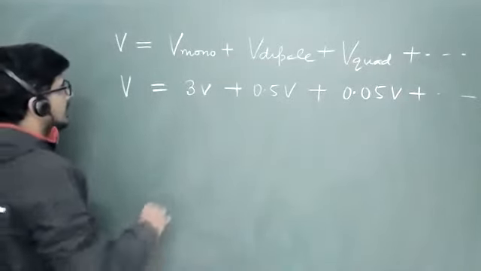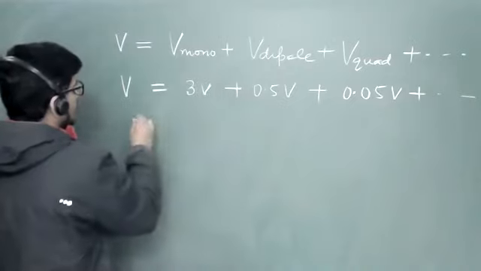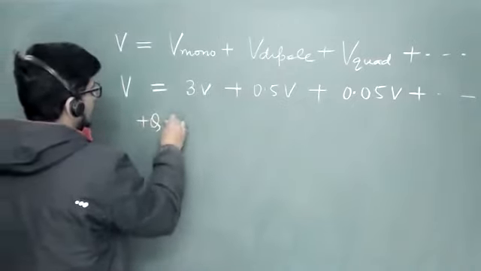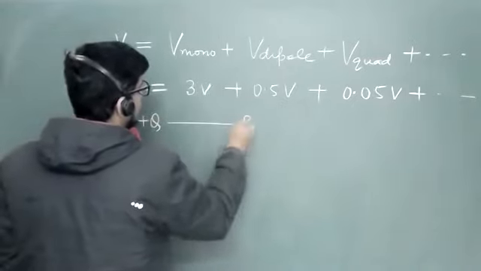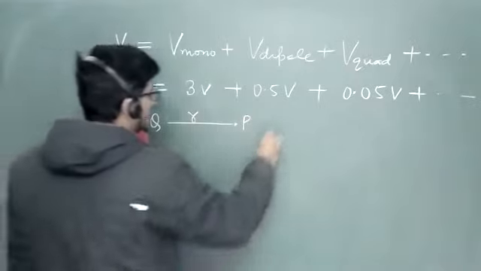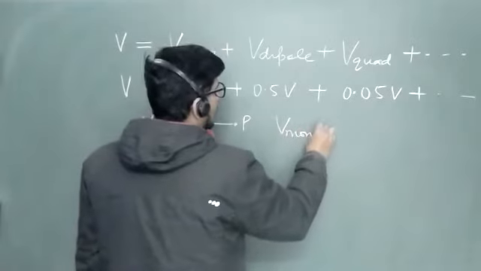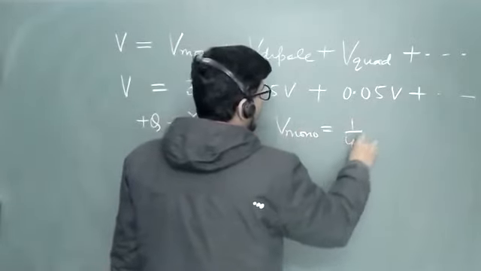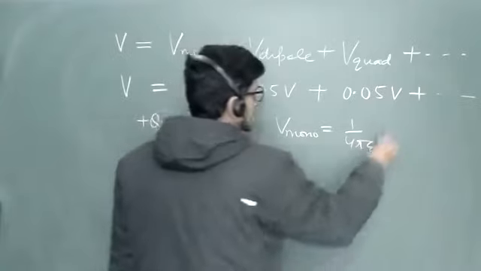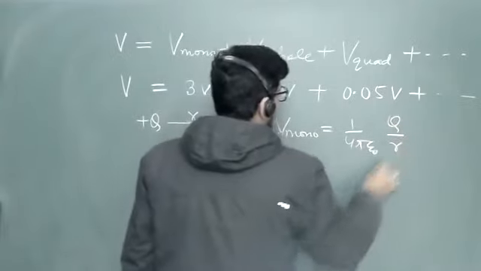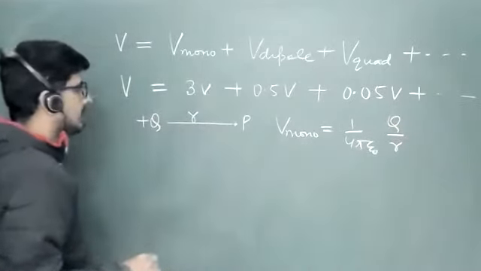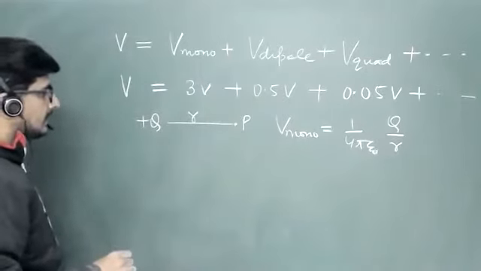Obviously it will depend on the charge configuration also. So we have seen that monopole is so simple. A simple charge q at distance r. What did the potential look like? V monopole was 1 by 4 pi epsilon naught, q by r. Simply if I write, correct?